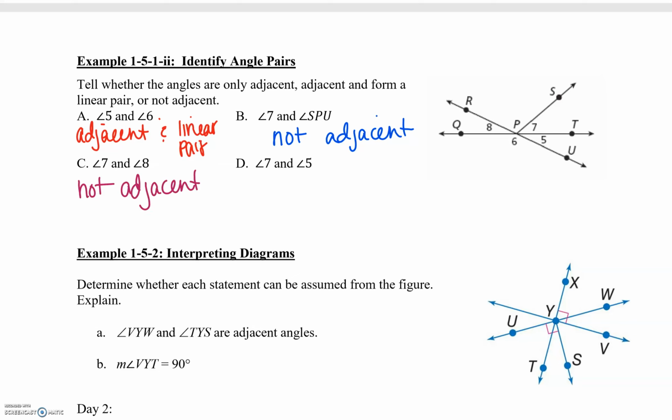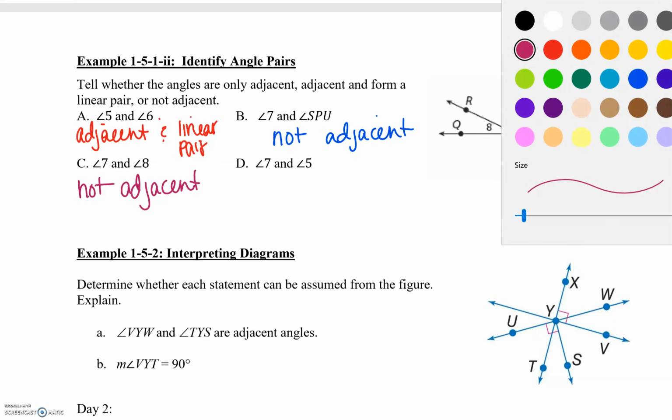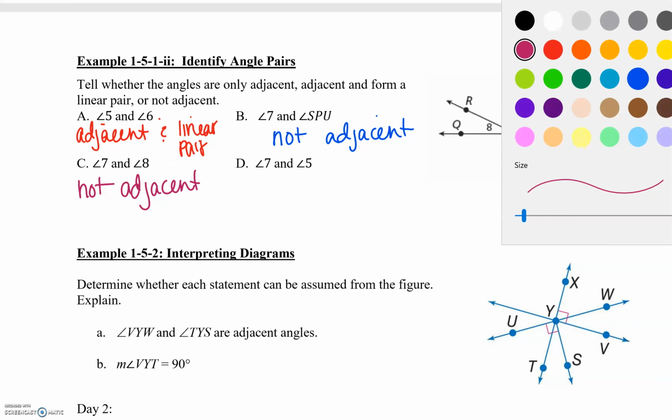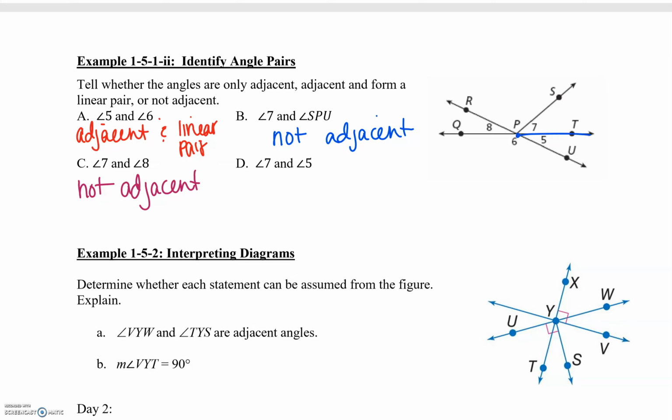This one is SPU and 7, which is inside, and when it's inside, it's not adjacent as well, so that's still correct. And then 7 and 5, let's take a look at 7 and 5. Those are next to each other. Are they sharing a common side and a common vertex? Yes, they are. So they are only adjacent.